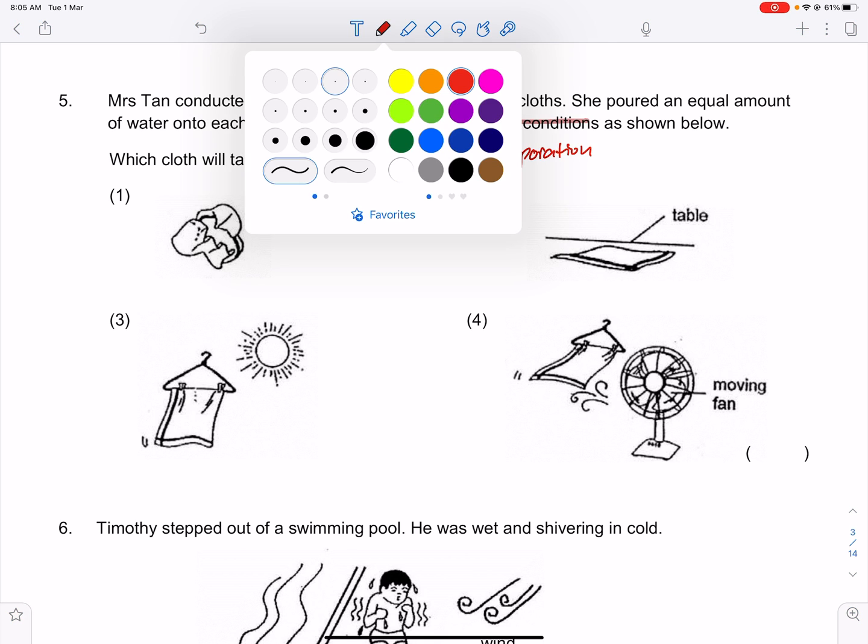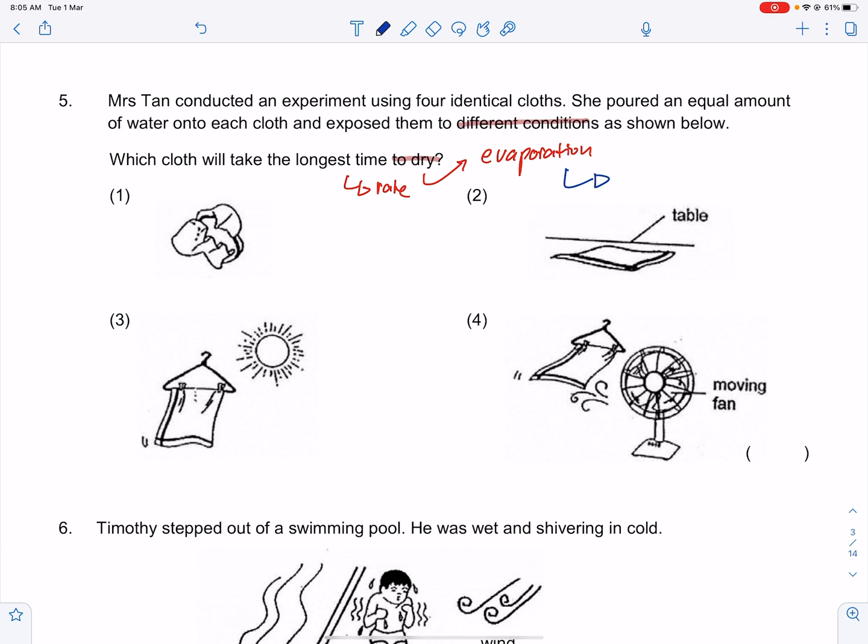So with that, you can then link it to your factors affecting rate of evaporation, WET. W stands for wind, E for exposed area, surface area, and then T for temperature. An increase in any of these factors will cause a faster rate of evaporation.